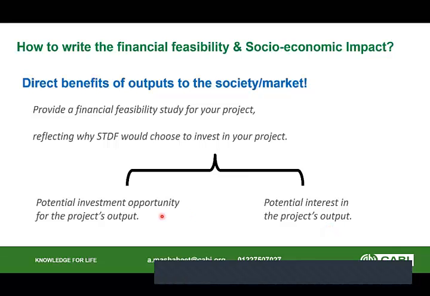So here they are asking about the opportunity, investment in the output, if people would like to fund the production of the output. And here, if we produce the output ourselves, will that output be of interest for the market and the society after it is complete.